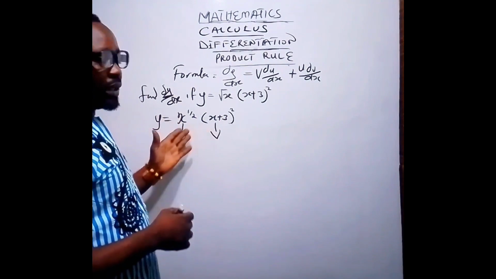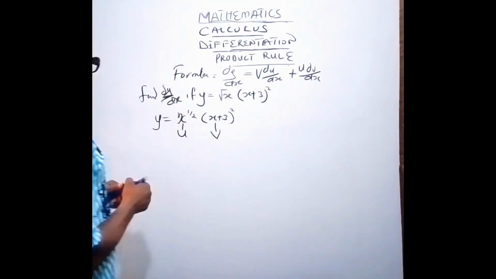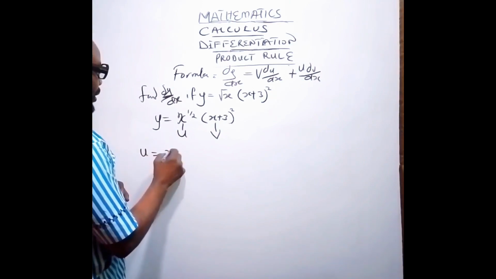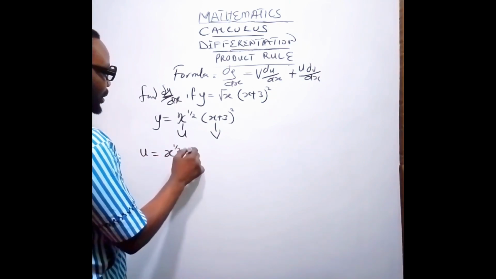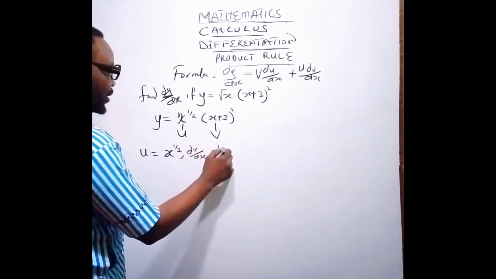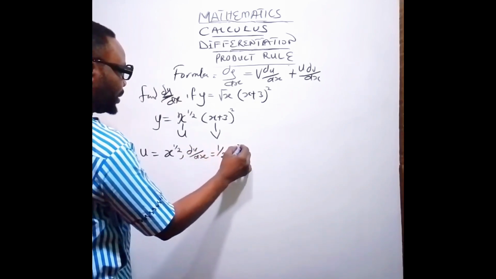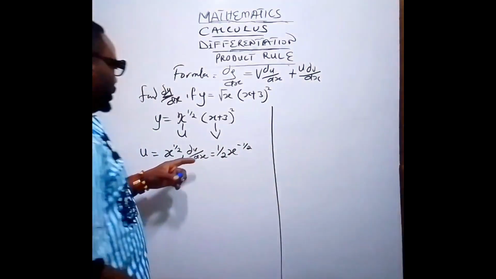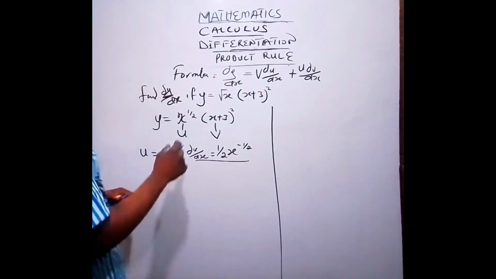After you have assigned the values like this, if u is equal to x raised to the power of 1 over 2, du/dx will be equal to what? Half x raised to the power of minus 1 over 2. That is the value of du/dx.